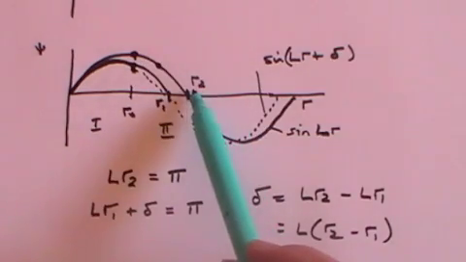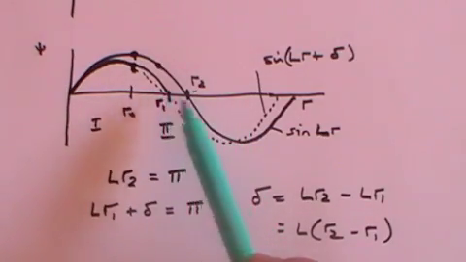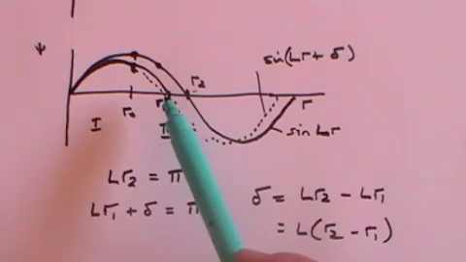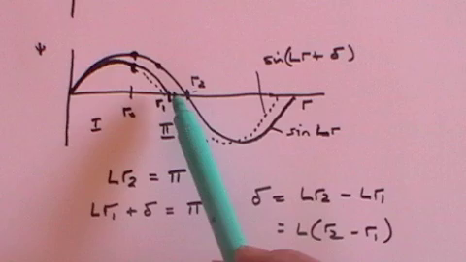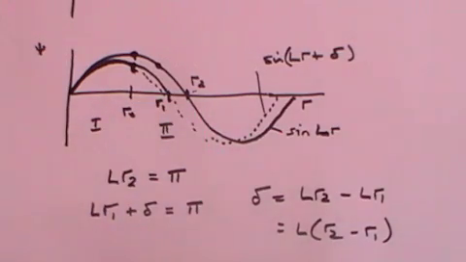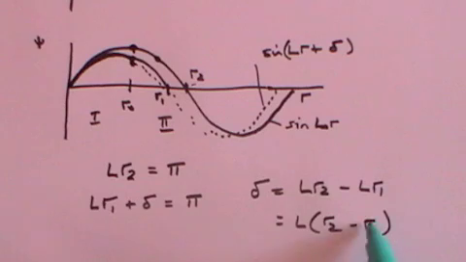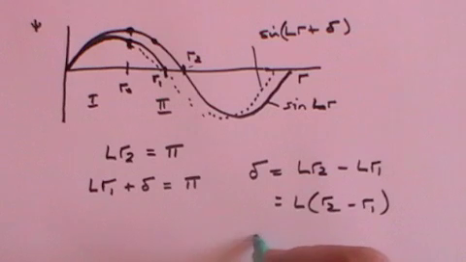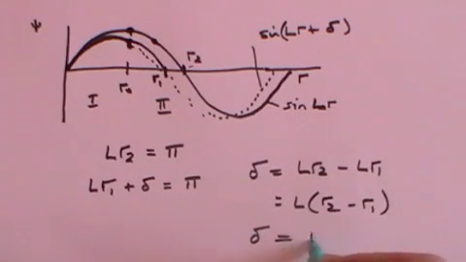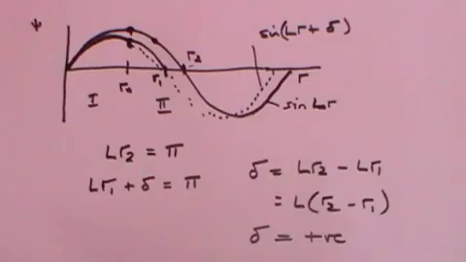But R2 is greater than R1 because we had to shove the wave to the left. So R2 is always bigger than R1 in these circumstances, which means that this term is positive, which means, of course, that delta is positive. So delta has a positive value in these circumstances.